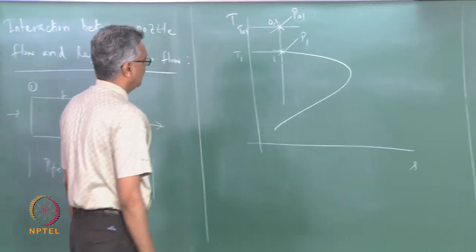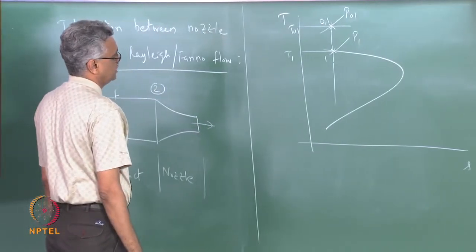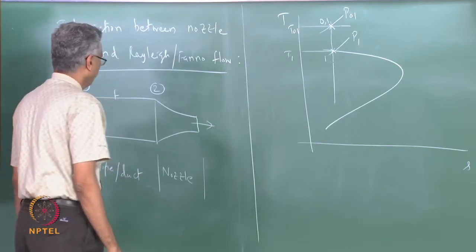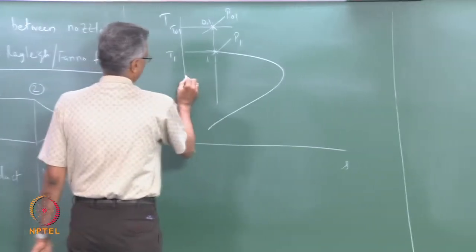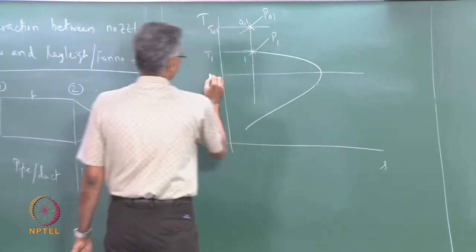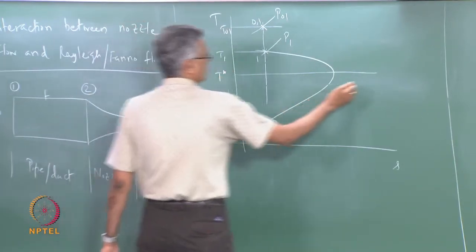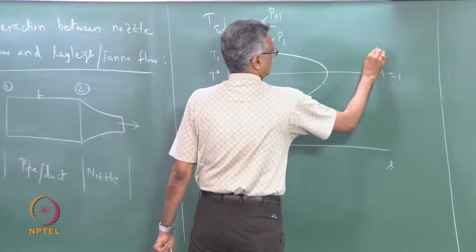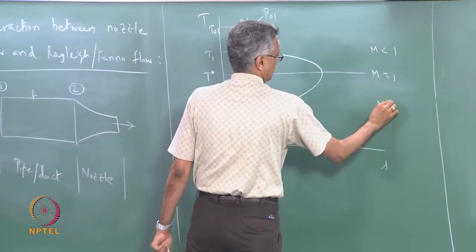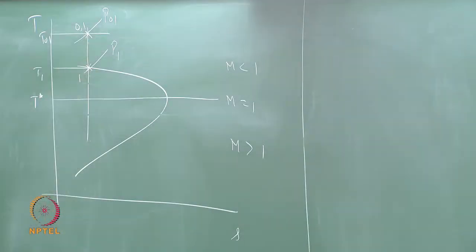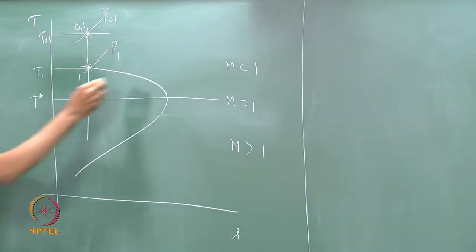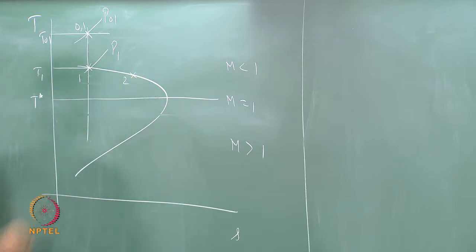So, this is the Fano line corresponding to this mass flow rate, and my T star is, this is my T star, this is m equal to 1. So, I go from state 1 to state 2 along a Fano line, right.